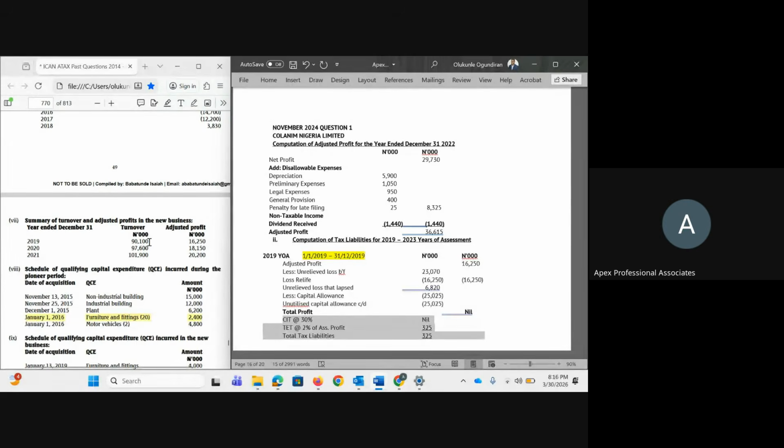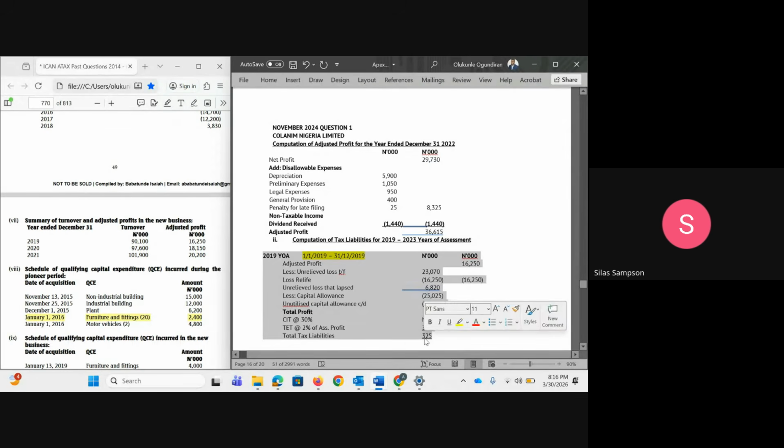So the idea behind the turnover here is to tell you whether it's a small, medium, or large company, and then know the applicable rate. But that became applicable in 2021 year of assessment. In 2019, there was nothing like small business, large business and all of that. Do you understand?